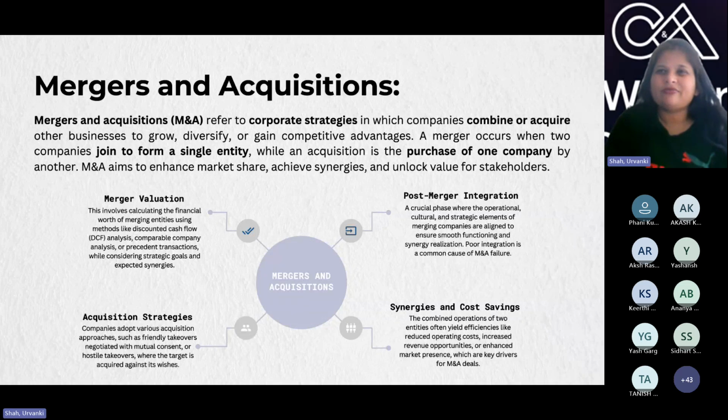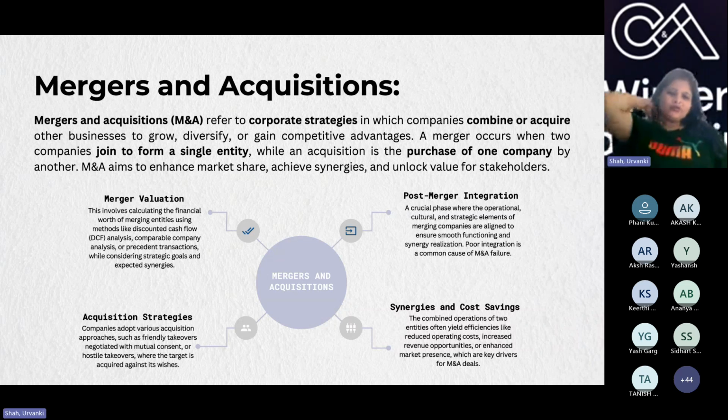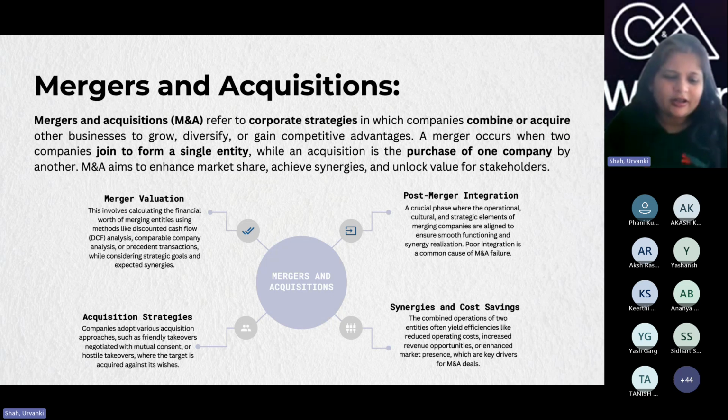Like the scenario of Global Trust Bank and Barclays. That kind of merger was not even planned, but happened because of the economic situation of that particular entity, right? So it can be a hostile merger or a friendly merger.